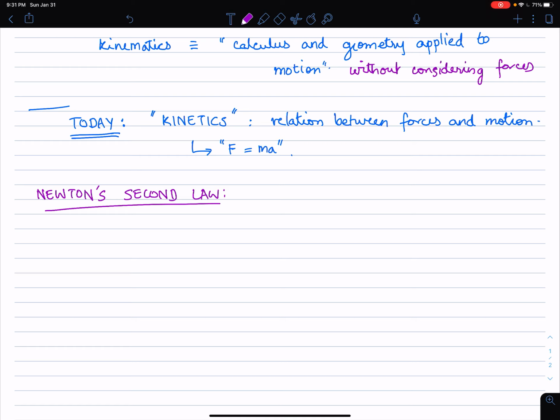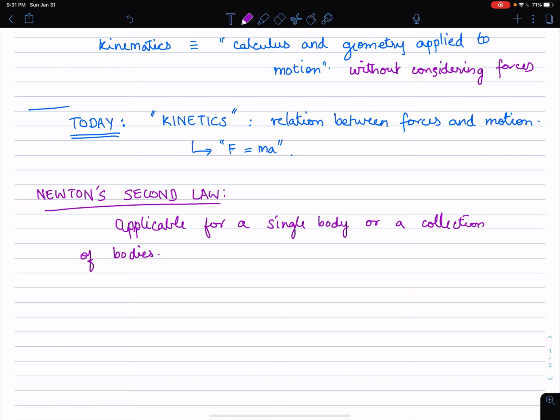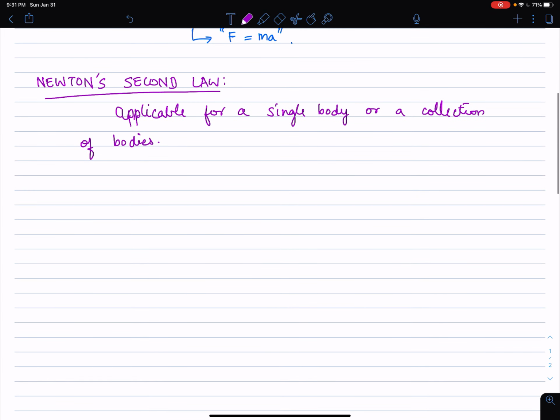Okay, you can write this equation for a single particle or a collection of particles, applicable for a single body or a collection of bodies. So what does this mean? So let me just write two versions of the so-called Newton's second law.